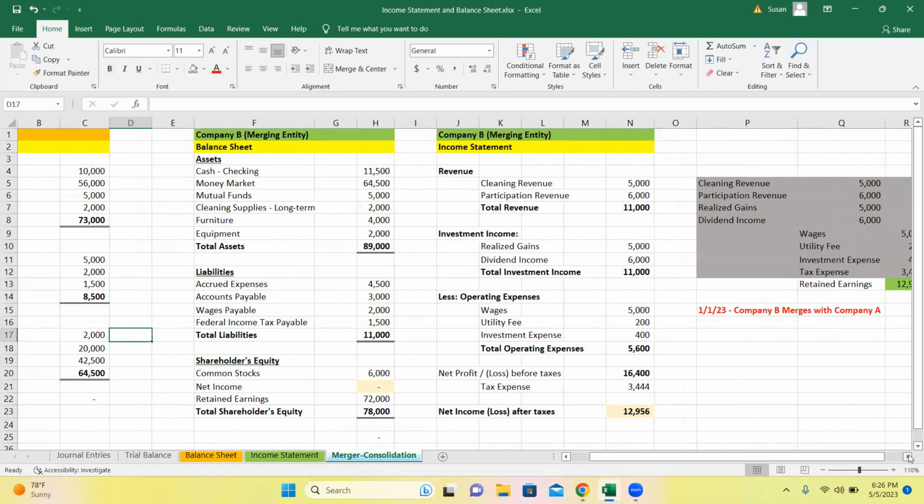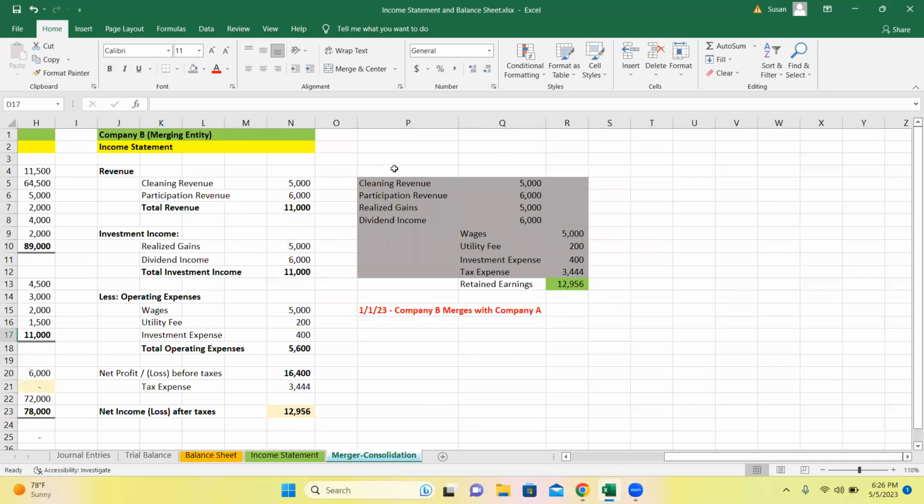So this journal entry was company B's closing entry, but this entry here will be a company A entry because we are putting the information of company B into company A. Hopefully this makes sense.